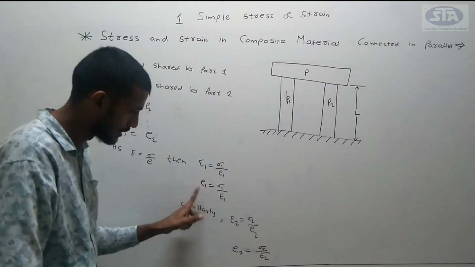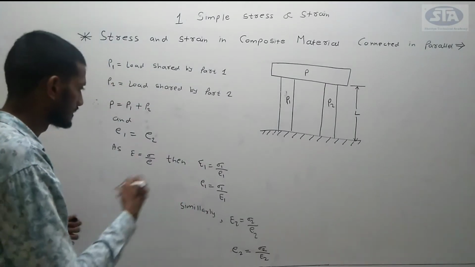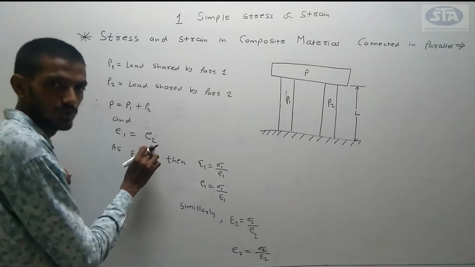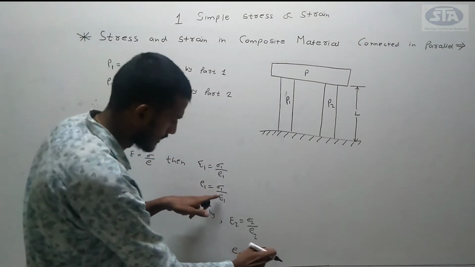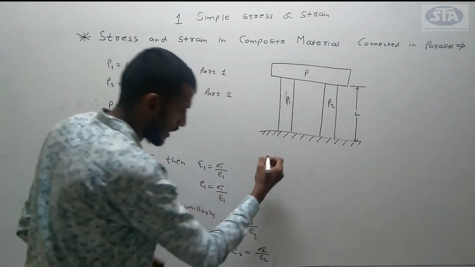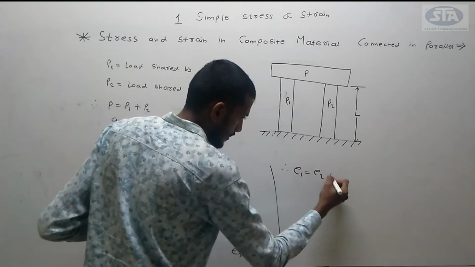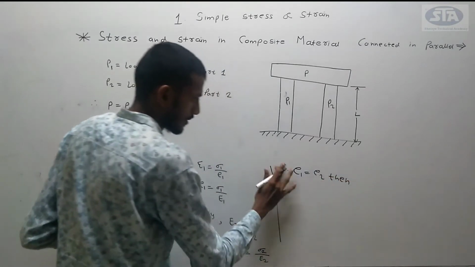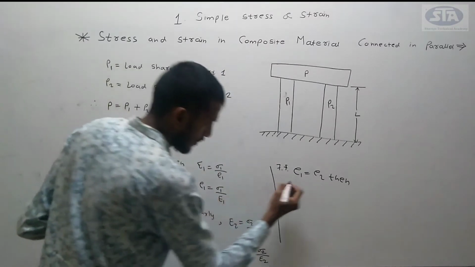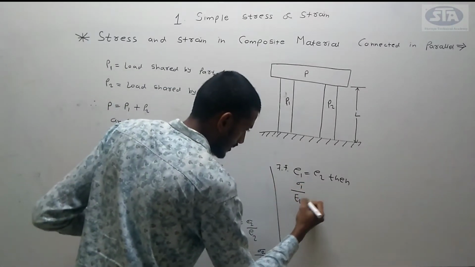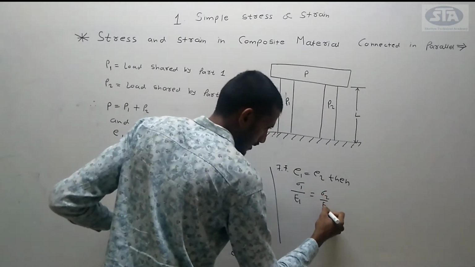Now, our relation is e1 is equal to e2. If the left hand sides are the same, then the right hand sides are also equal. Hence, if e1 is equal to e2, then sigma 1 upon E1 is equal to sigma 2 upon E2.